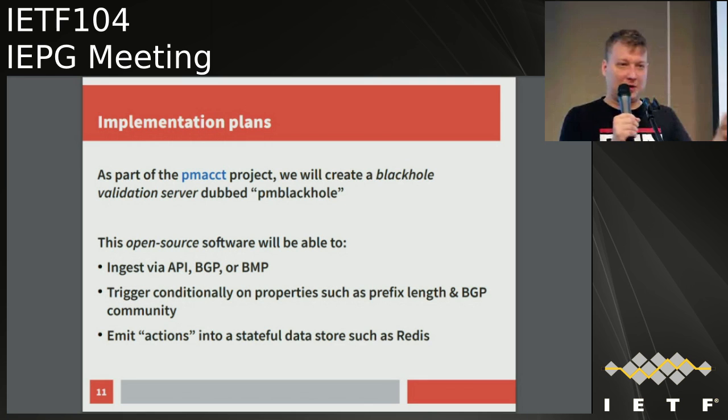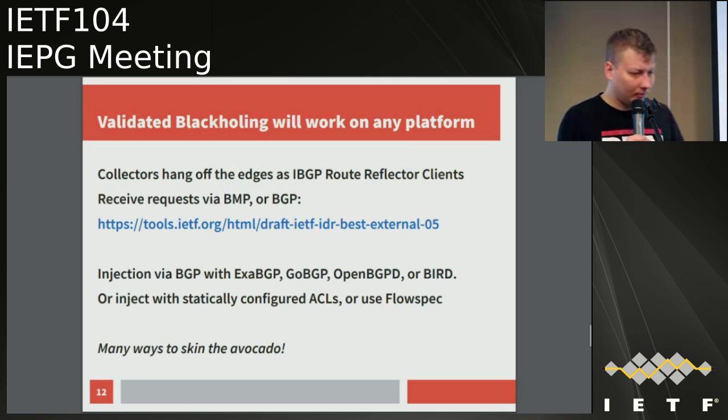Because in all these components, you want to be able to reboot the edge router, reboot the validator, reboot the injectors, all the while we need to be able to maintain the state of these black holes. A cute trick is that this can be implemented on virtually every BGP implementation, as long as they support either best external path advertising, or you do your injection through an ACL or some other means.